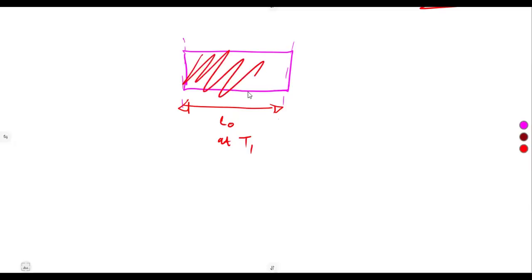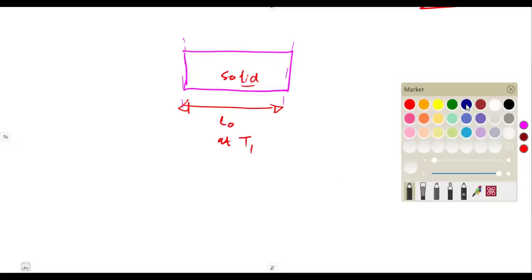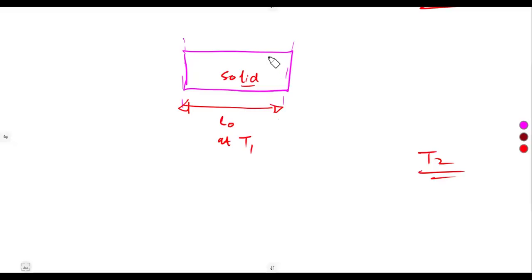The material or the solid that we are given here, when it is subjected to heat and the temperature changes to T2, we are going to notice a change in length. It can be a decrease, because it can be cooling down.